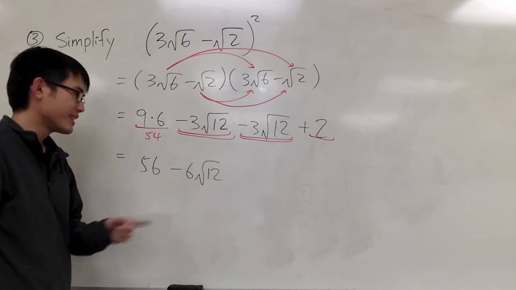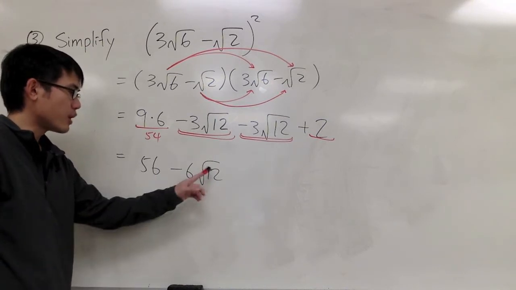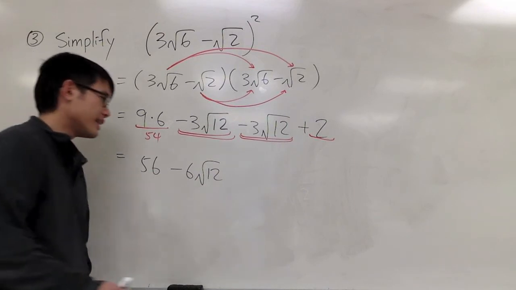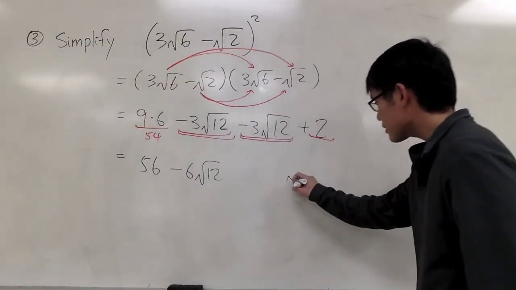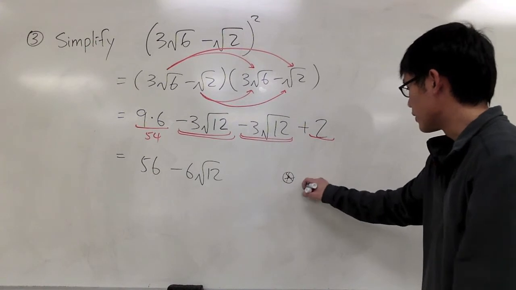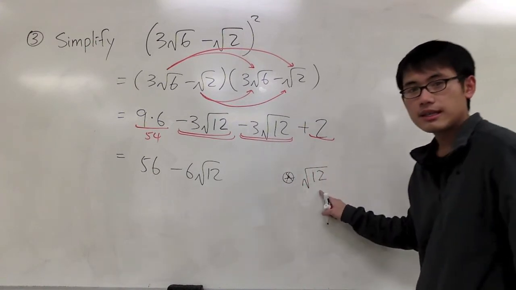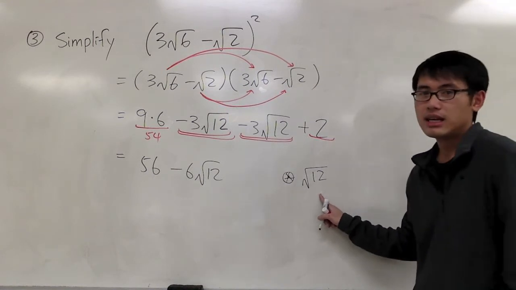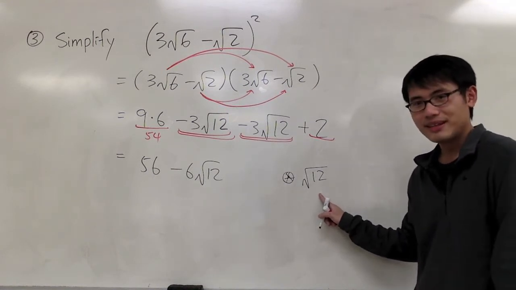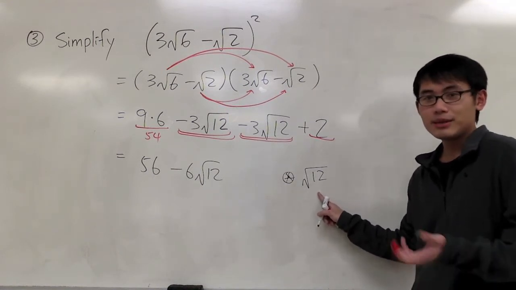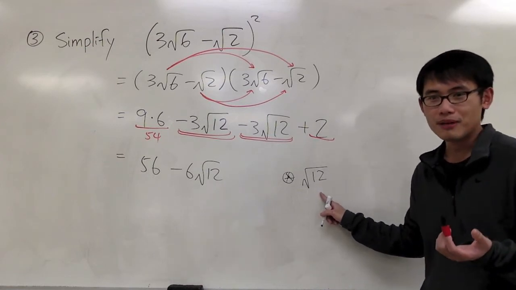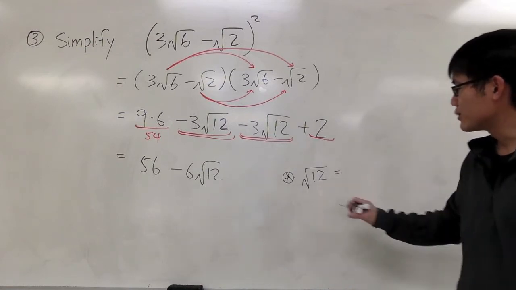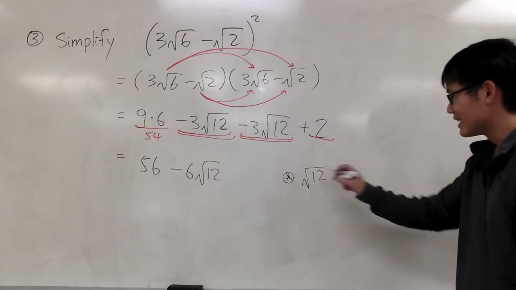We are not done yet, because notice that square root of 12, we can actually simplify that. And let me do this on the side. So let's look at square root of 12. Notice that 12 can be broken down as 4 times 3, right? The reason I use 4 times 3 is because 4 is a perfect square, and I can reduce that to a nice number 2.